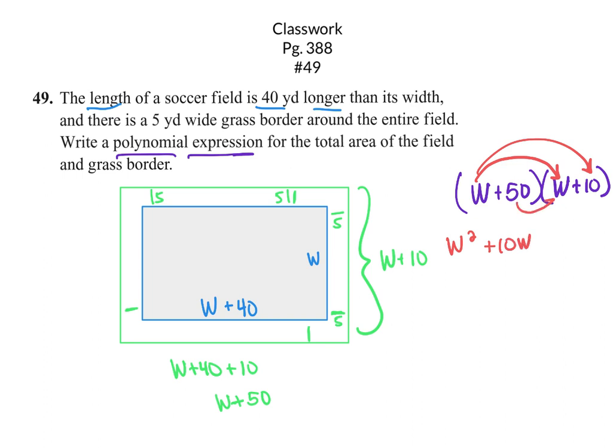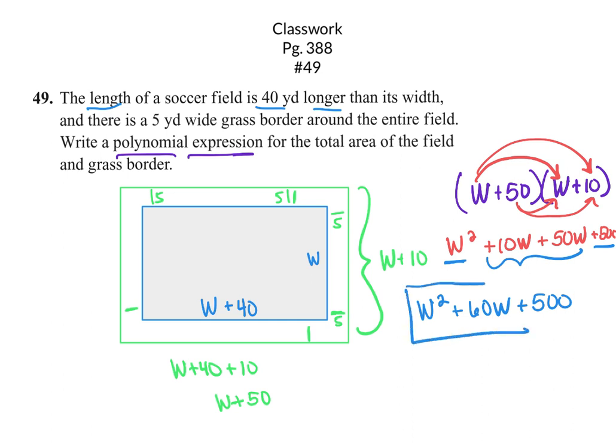Yep, inner term is going to be what? And then what's my last term going to be? 500. And then just like everything else, I'm going to standard form. Write it highest to lowest, combine like terms, and then I am done. Any questions on that?